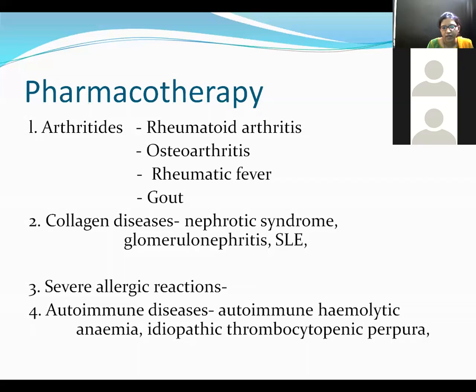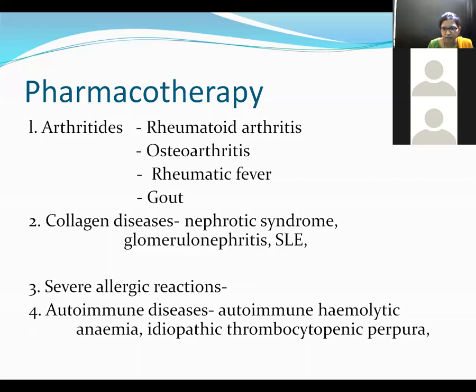The second use is collagen disease. In collagen disease, the body gives an immunological response against the collagen fibers inside the body. Wherever collagen is deposited, in subcutaneous tissue and also in arteries and veins, an inflammatory type of immunological response is triggered.